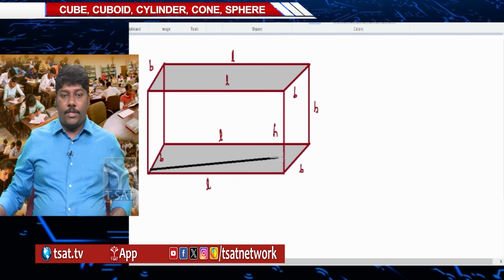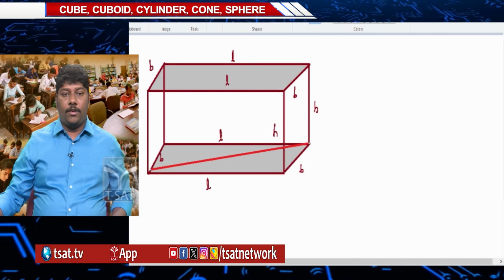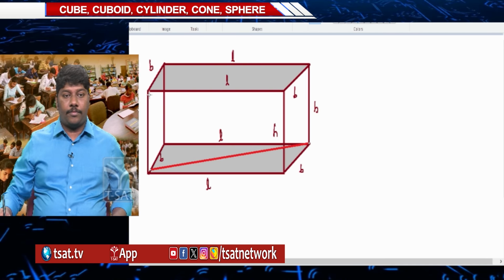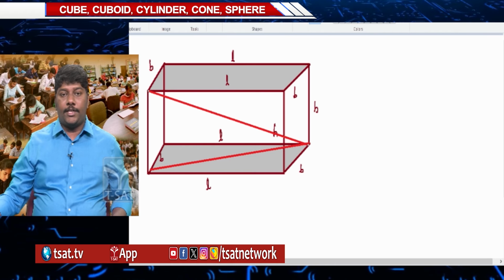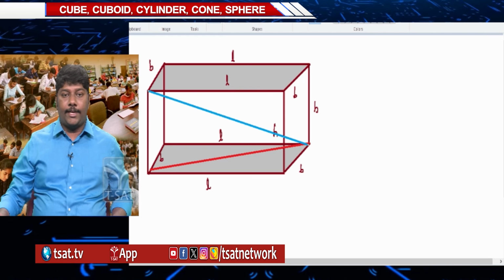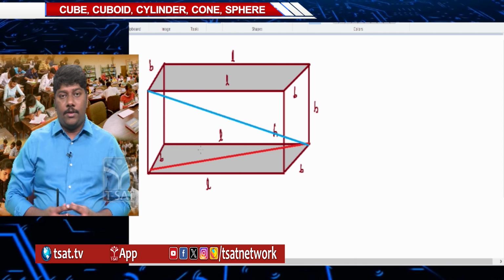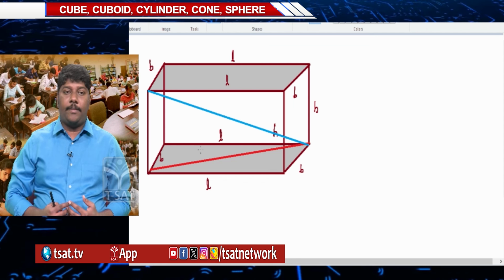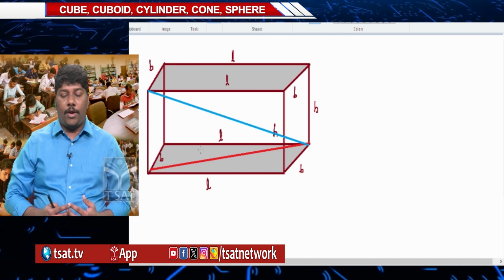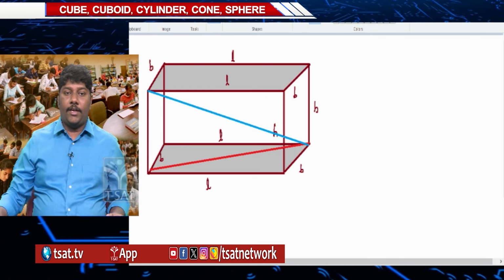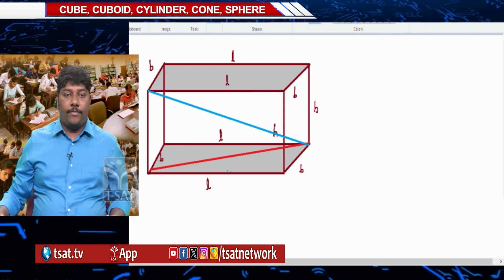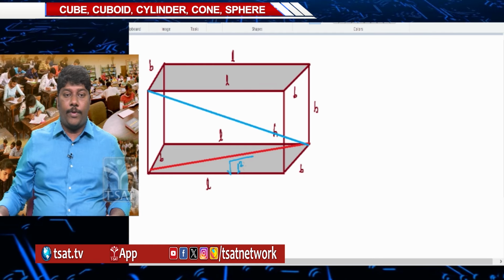Now, look at a cuboid: you have the diagonal of the surface and also the diagonal of the cuboid. The red color one is the diagonal of the surface, the blue color one is the diagonal of the cuboid. Diagonal of the surface depends on which rectangle you are taking. Here I am taking the rectangle on the ground or the base, where L and B are the sides, therefore, the length of the diagonal is equal to under root of L square plus B square.